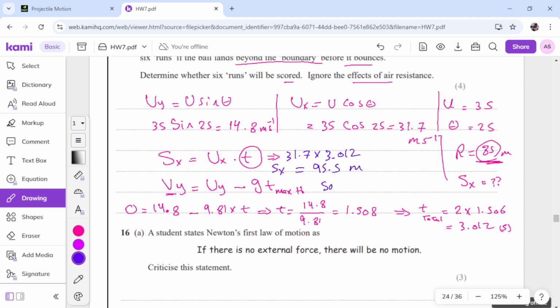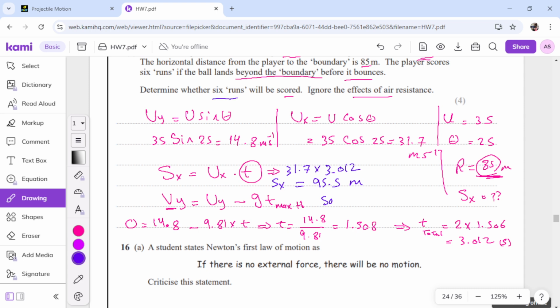So 6 runs will be scored. This is how to solve this question, okay?